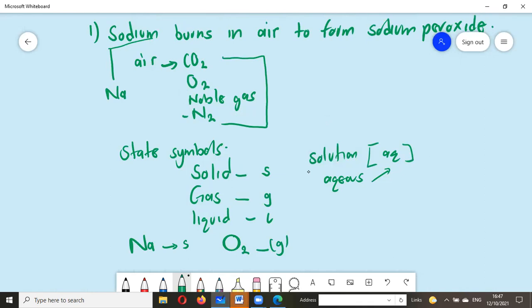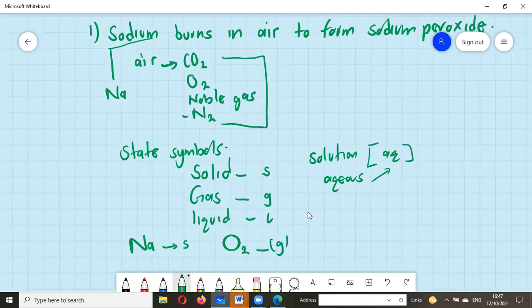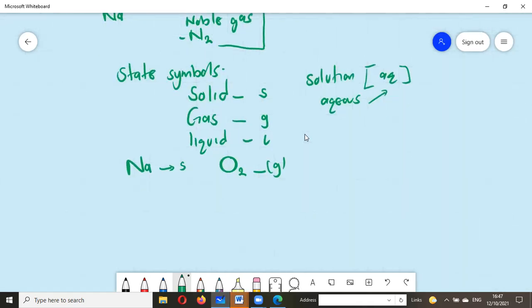If you're going to form sodium peroxide, you must have excess oxygen. Therefore, we shall have sodium, a solid, plus oxygen, O2, a gas. Now you must put this arrow here to tell us what is being formed.